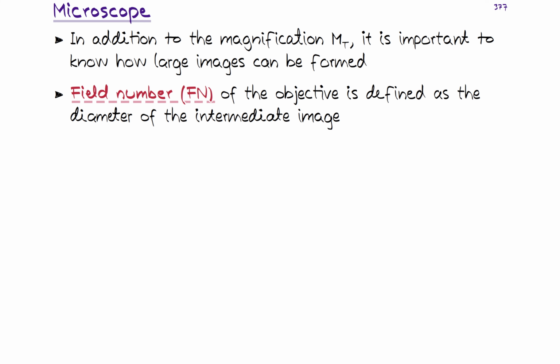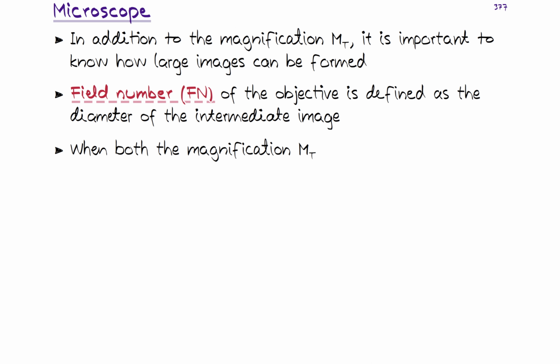More precisely, this is the diameter of my intermediate image. So in the previous lecture, in the figure, basically the length of my intermediate image arrow, yi1, is related to this field number. So that's essentially the size of my intermediate image gives me the field number.